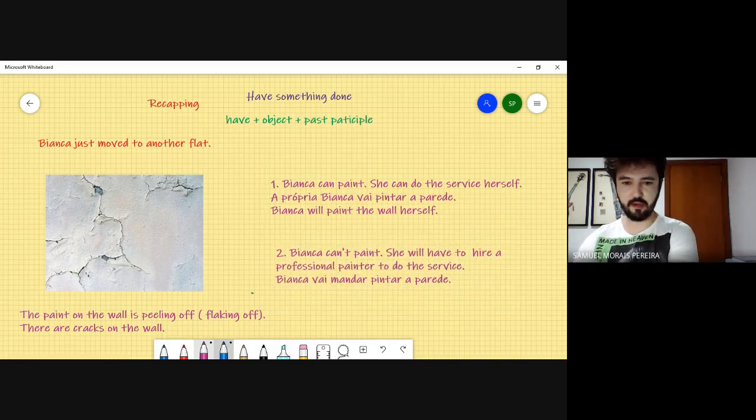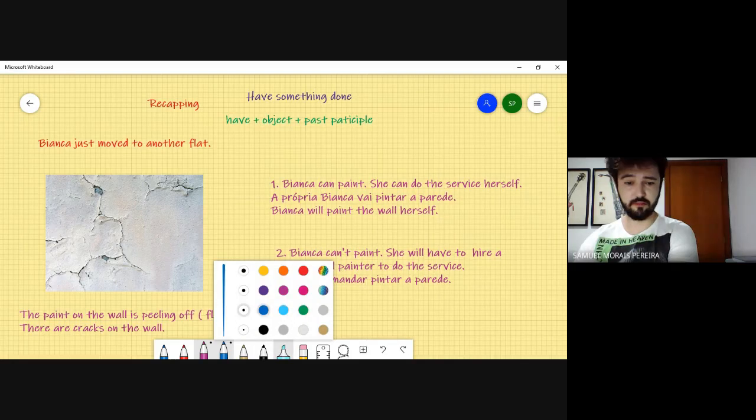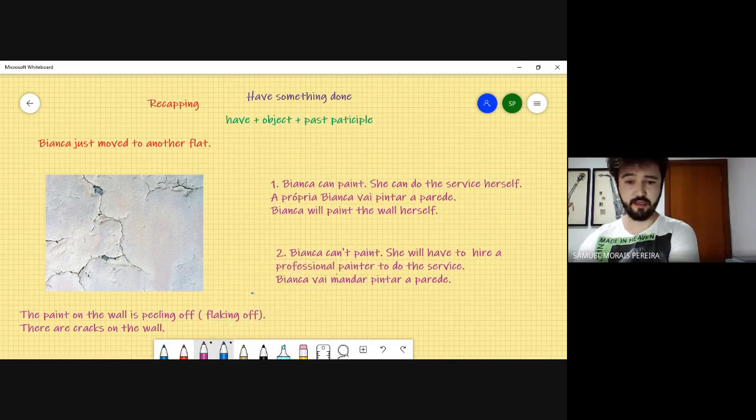The verb mandar will just disappear, okay? It will vanish. You don't need it. You don't use it, okay? So, remember that. É como se você falasse assim, ó, Bianca vai pintar a parede, but you have to use the structure to give the idea that the service will be done by a professional painter, okay?